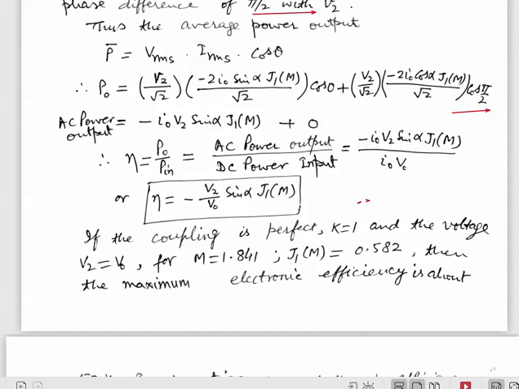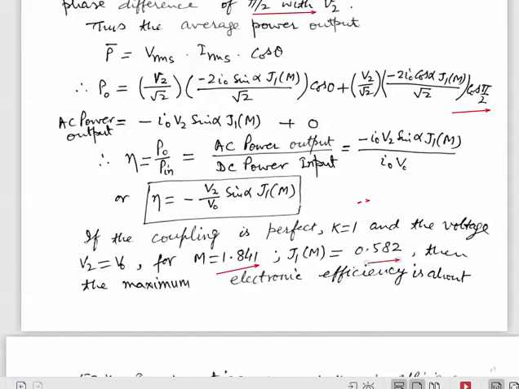So if we consider that the coupling is perfect, that is the coefficient of coupling K is considered unity, which is the ideal value, and also V2 equals V0, although this is not the actual case in practice, and for the bunching parameter m equal to 1.841, the corresponding Bessel function value of the first order, that is J1M, comes out to be 0.582.